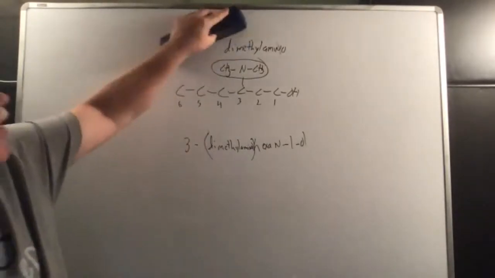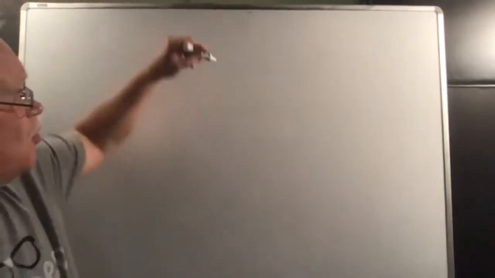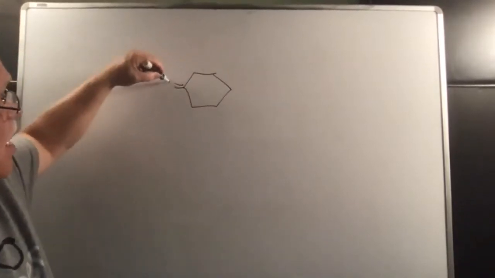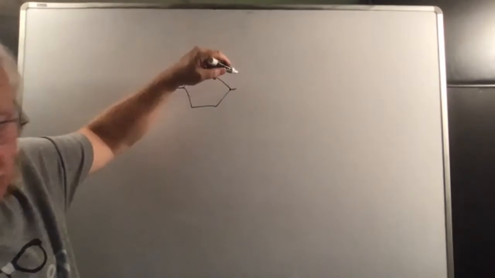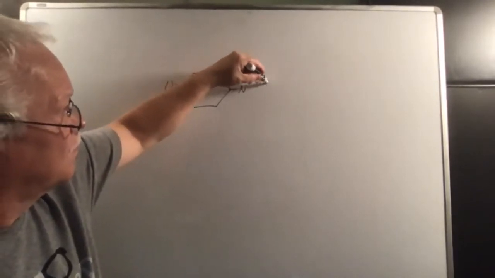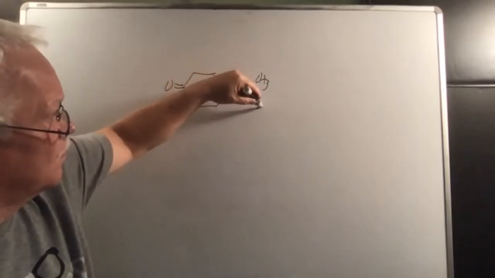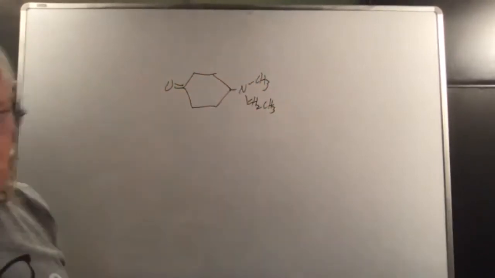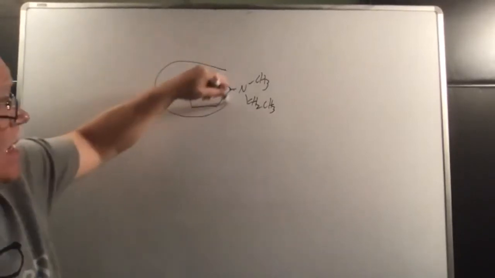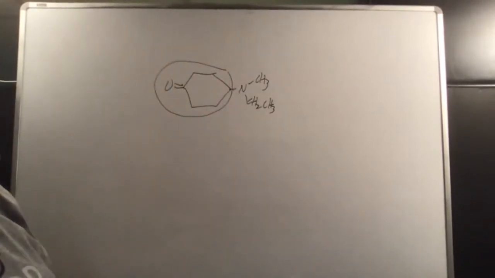Let's look at another example. And again, let me show you a little trick that I've learned, and I'll show it to you on the next one. Now, if I were asked to name this compound, I could easily get confused. I know that this is my main piece because the ketone group is higher in priority than this group.